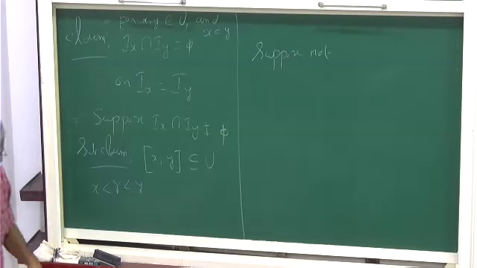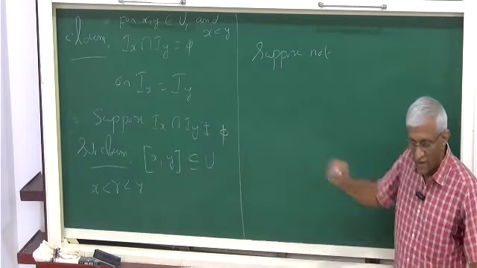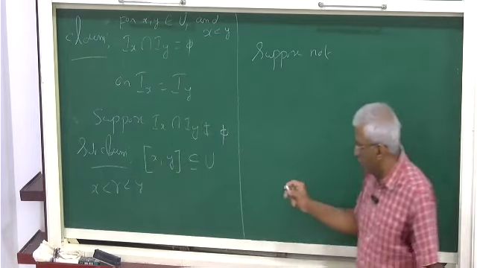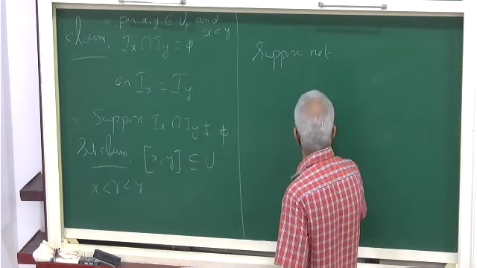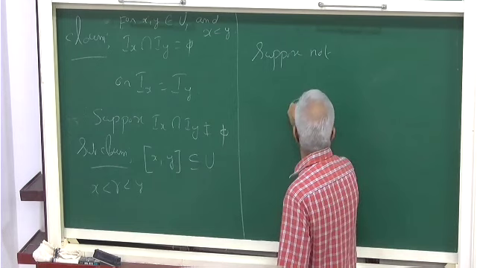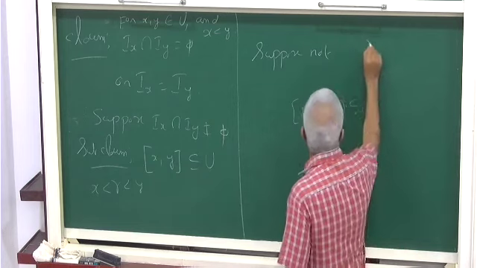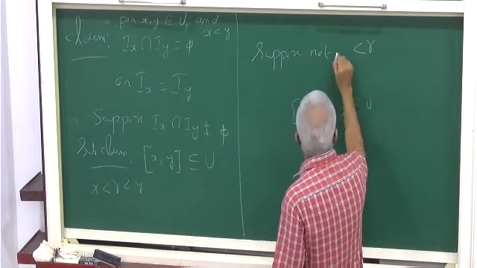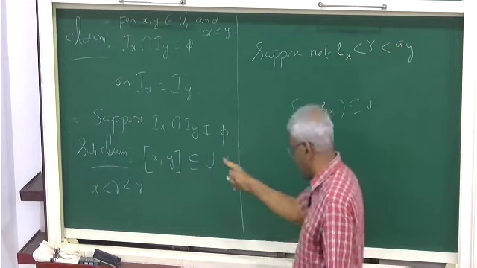So we assume x is less than y. Suppose this r is not in U. We know that x to Bx is contained in U, right? So this implies r is greater than Bx, and r is less than Ay, if it is not there.